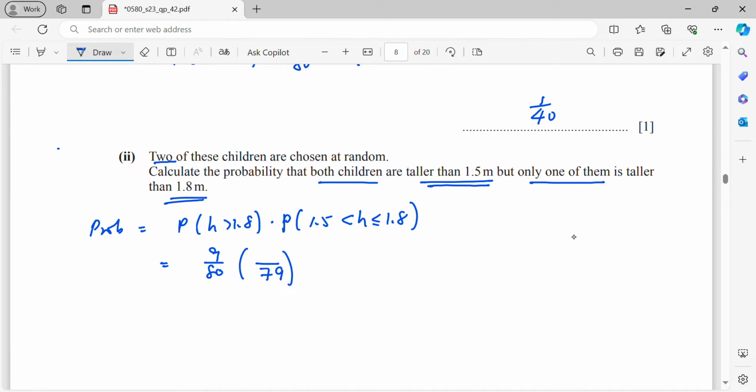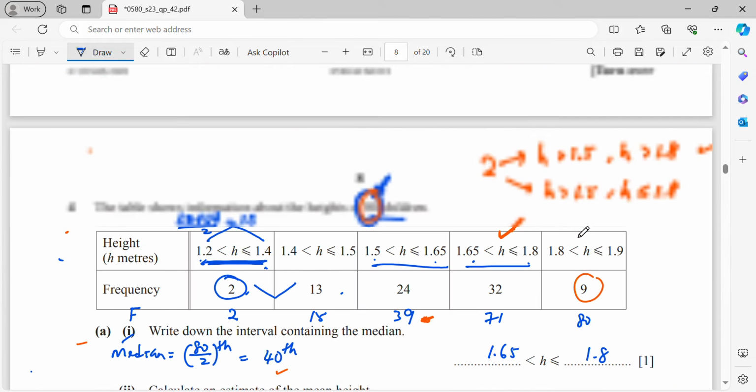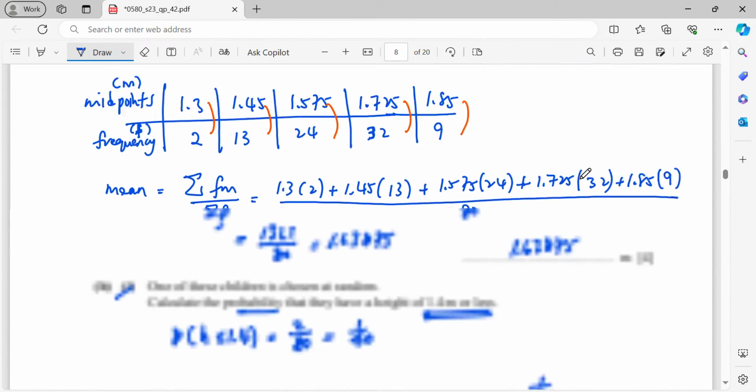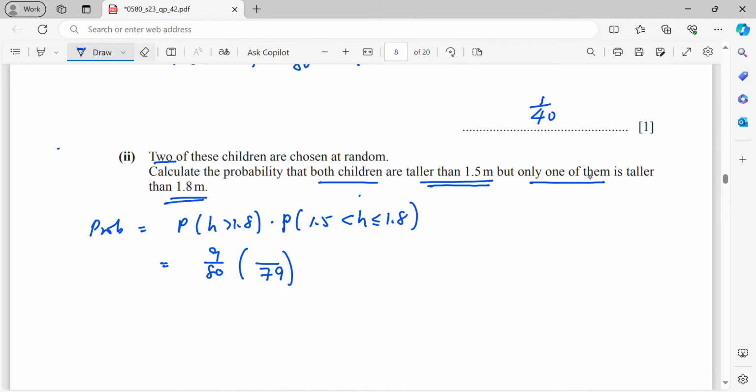So then the next one is between 1.5 and 1.8. So 1.5 and 1.8 means these two groups. Right, so I have to plus these two. So here it will be 24 plus 32. And now this is not complete because it does not mention which child is chosen first. That means you have to times 2.